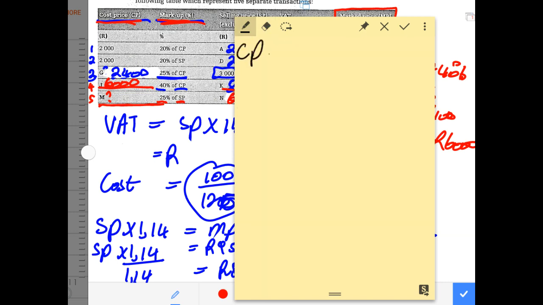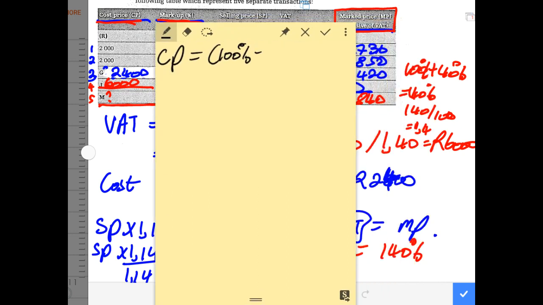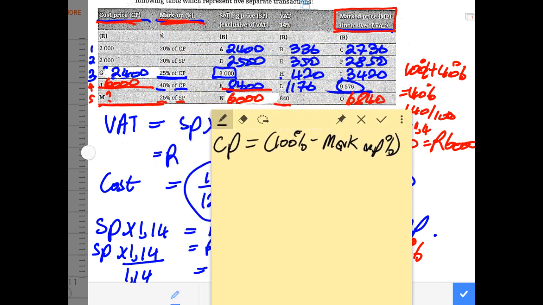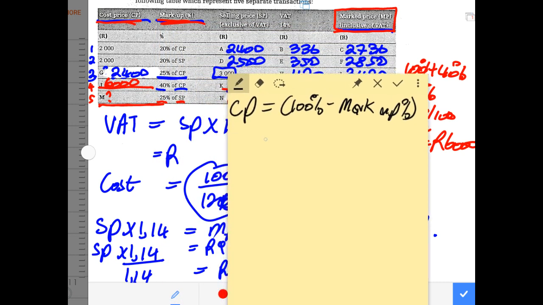The cost price is equal to 100% minus the markup percentage. Whenever the markup percentage is on the selling price, cost price will be 100% minus the markup percentage. And 100% in this case is 100% minus 25%. Therefore, as I said to you, this will give us 75%.